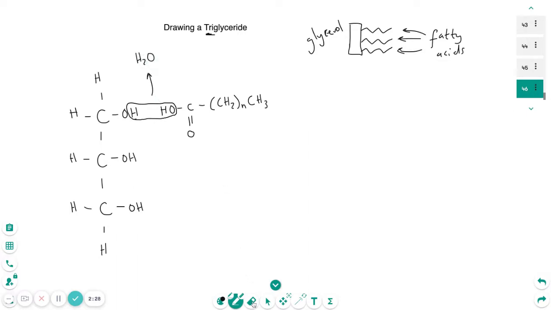That's going to leave behind a carbon and this oxygen here. A new bond is going to form between that oxygen and that carbon, and we call this here an ester bond.